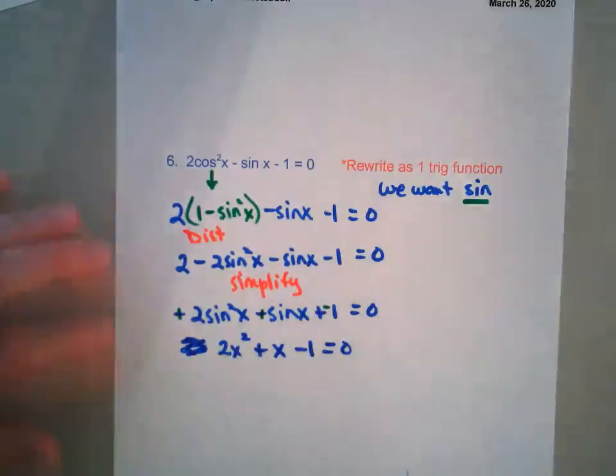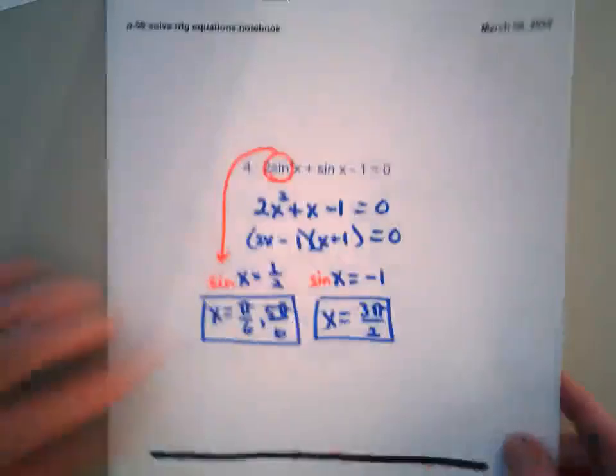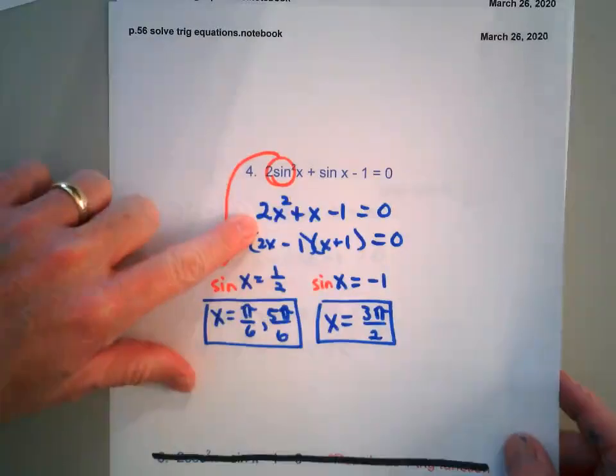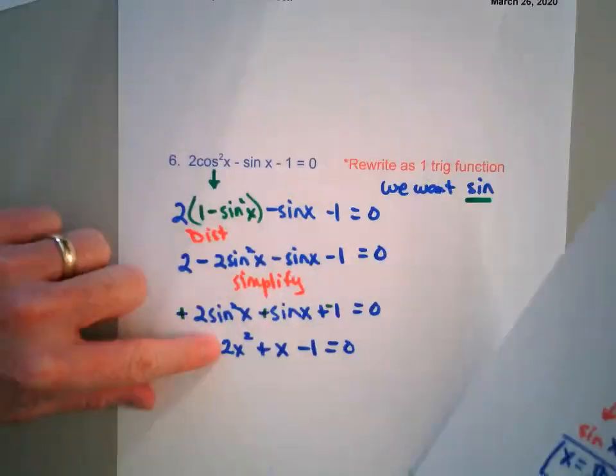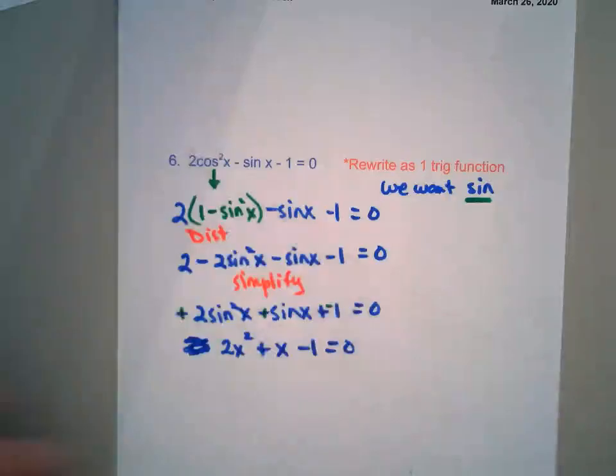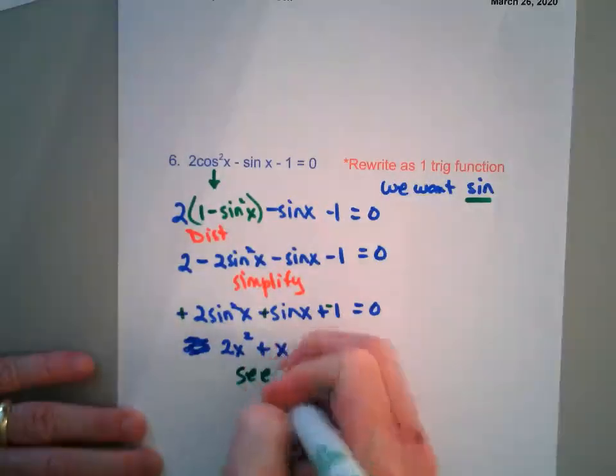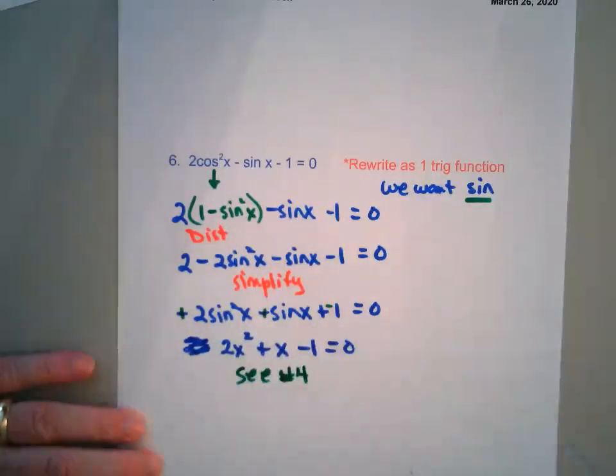And now, I do believe we are at problem number 4. This is the exact same thing that we have right here. So I'm going to put C number 4.